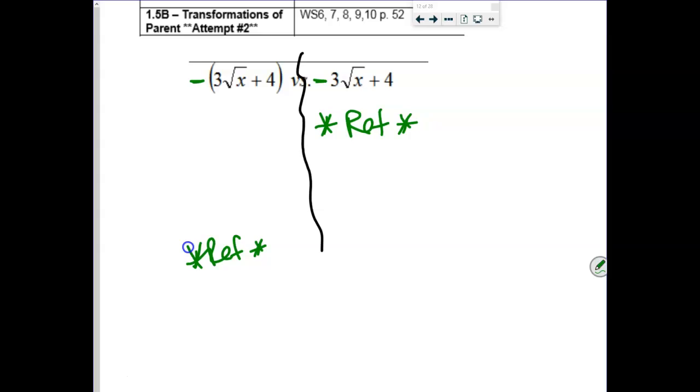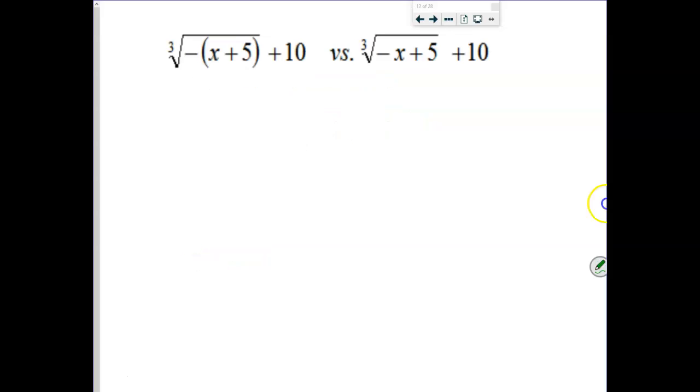All right. So how about this one? Can you see the difference? This is kind of irritating because it's got a horizontal shift and a reflection over the y-axis. Which one has the reflection happen before the shift? The second, the one on the right. This one is a reflection over the y-axis, and then it'll shift left 5.